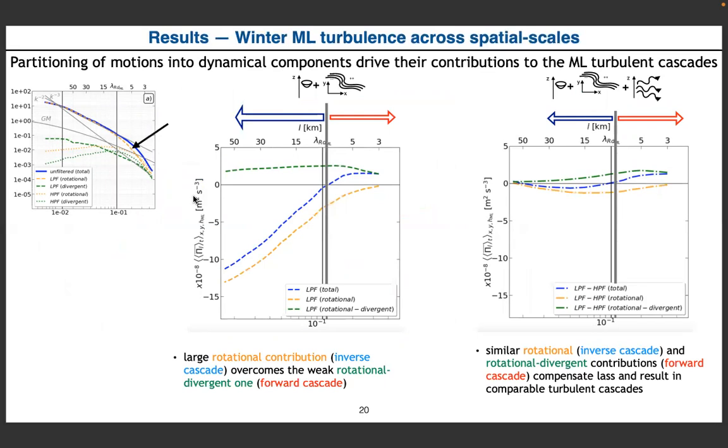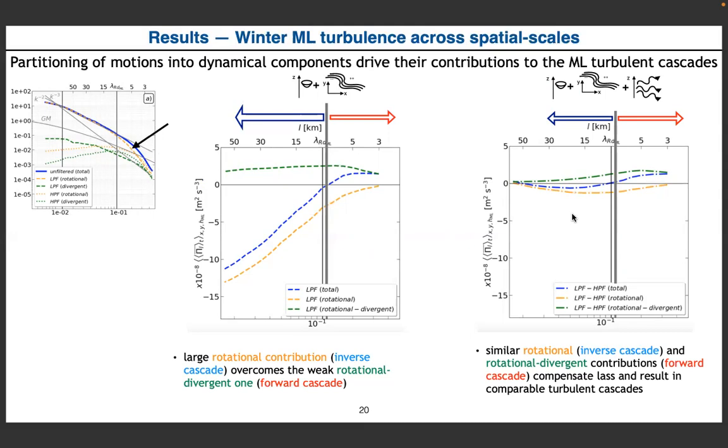So if we take, for example, the low-pass filtered motion, so eddies and rotational fronts, they are largely rotational across all spatial scales. So they do a large inverse turbulent cascade, in orange. And this large inverse turbulent cascade largely compensates the forward one.